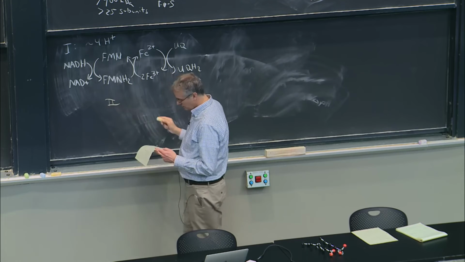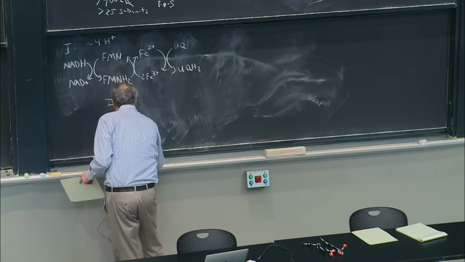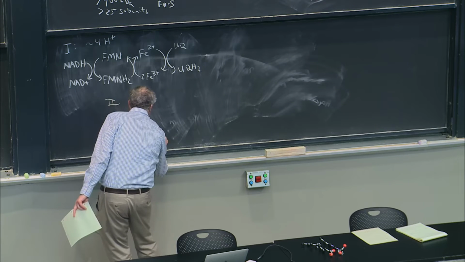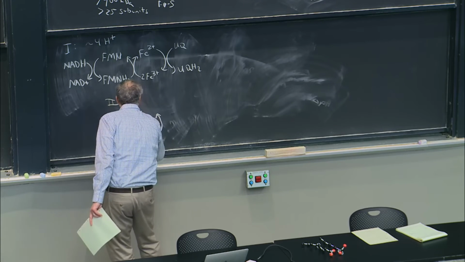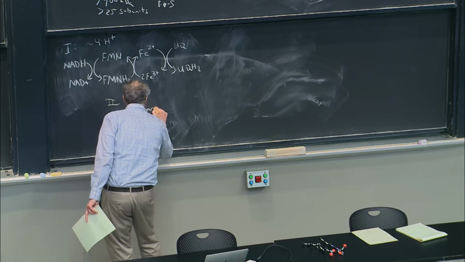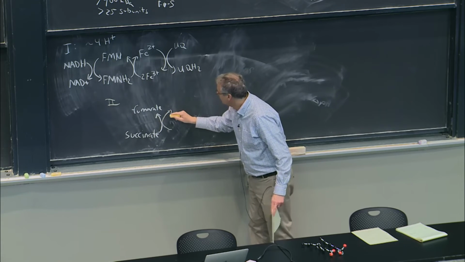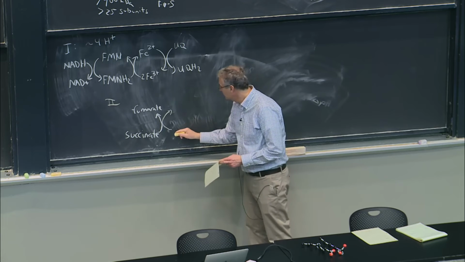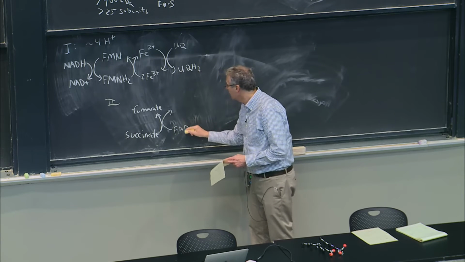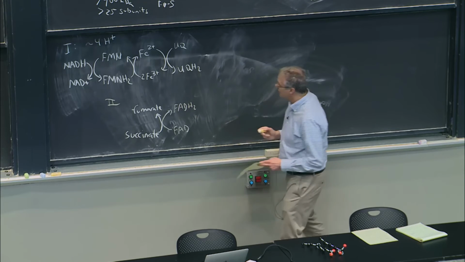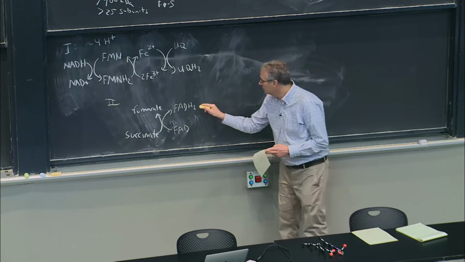Complex 2, which is succinate dehydrogenase from the TCA cycle, really converts succinate to fumarate. That oxidation reaction within the complex leads to the reduction of FAD to FADH2.